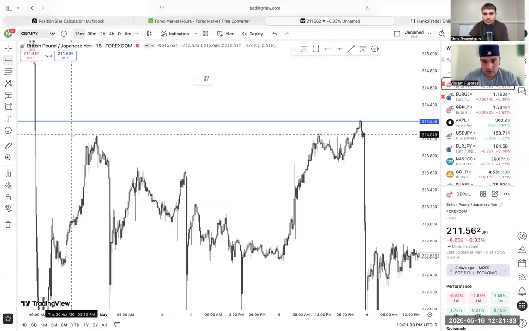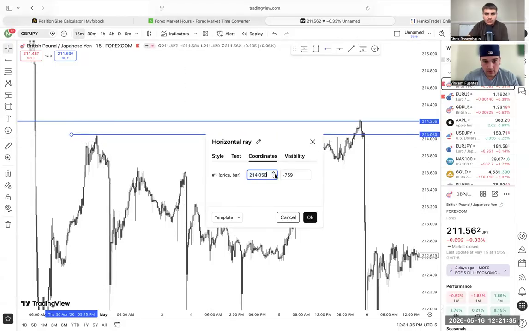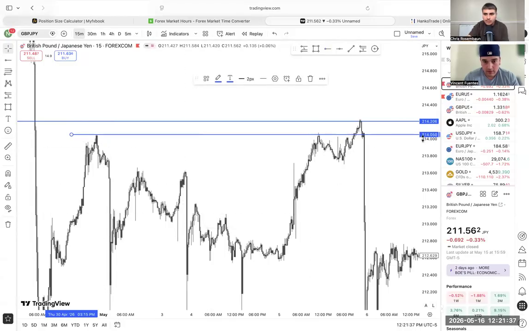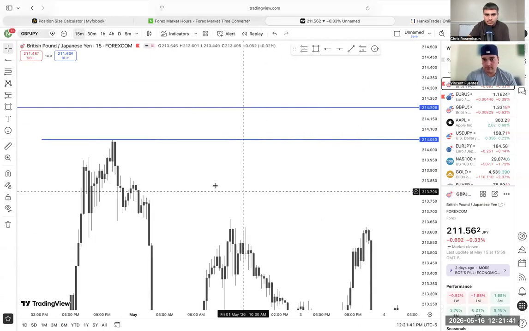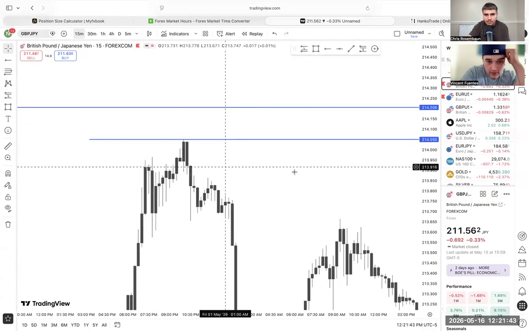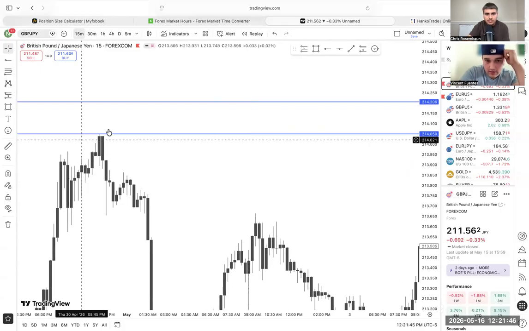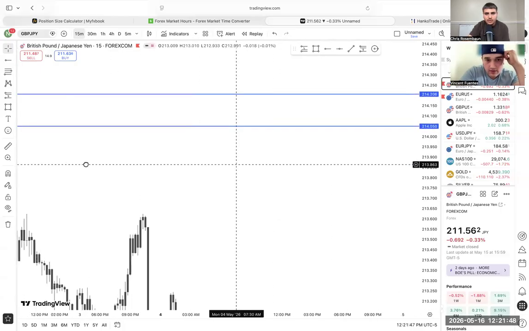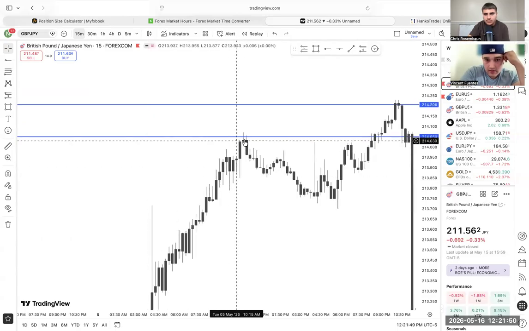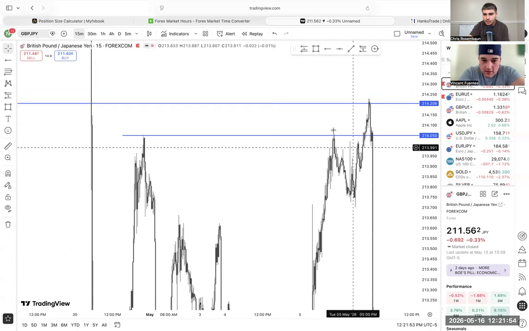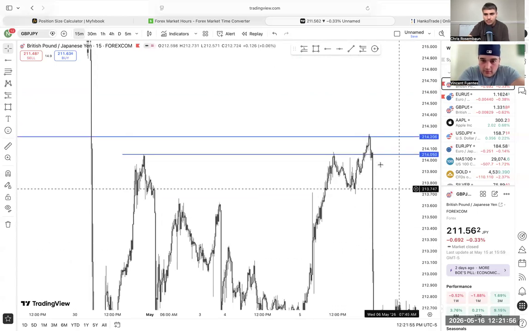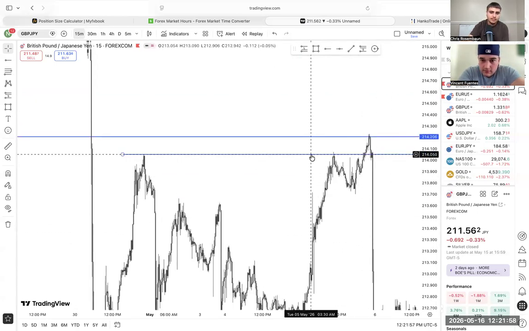We could do exactly at this price, 214,050. It touched, right? It touched over here. It touched also. Went for a short little sell. Then it kept right here. It was supposed to drop like this, but it didn't.